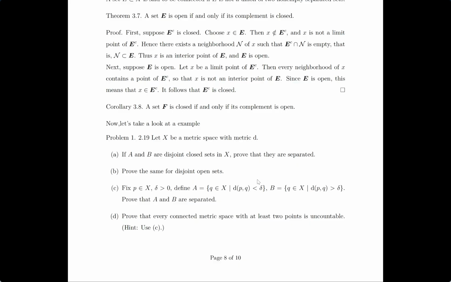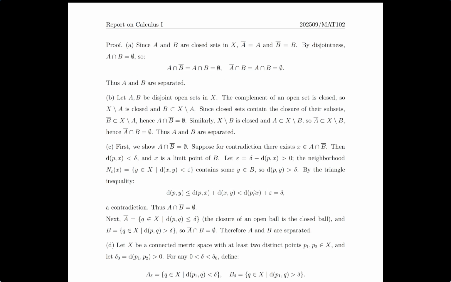So we first solve the difficult condition, that A intersects the closure of B is empty. Because we can't know the closure of B immediately, we prove this part by contradiction.